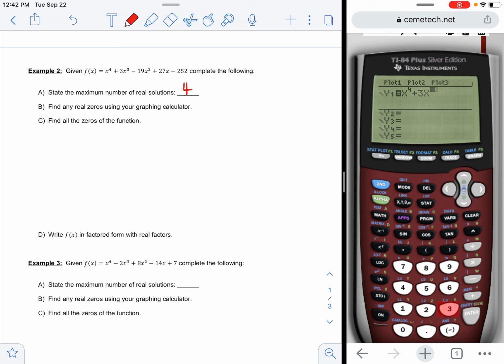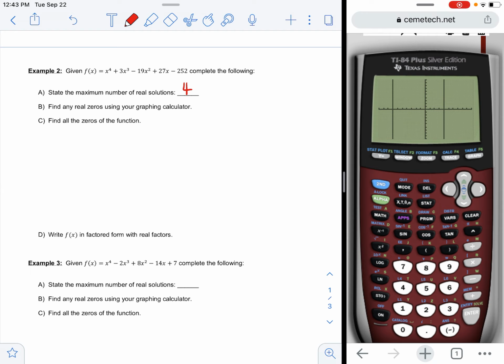X to the 4th plus 3x cubed minus 19x squared plus 27x. Just be very careful when you're typing too so you don't miss something. Minus 252, graph. Notice I can just hit graph now because it's already set up for -10 to 10.